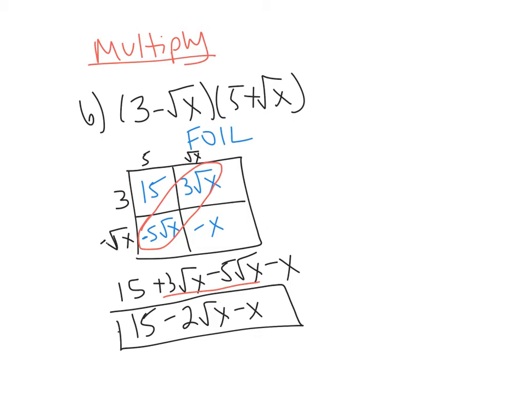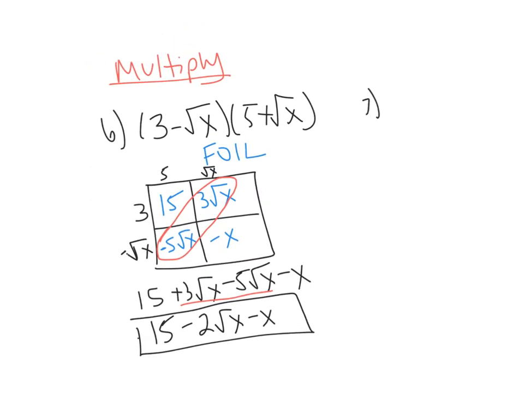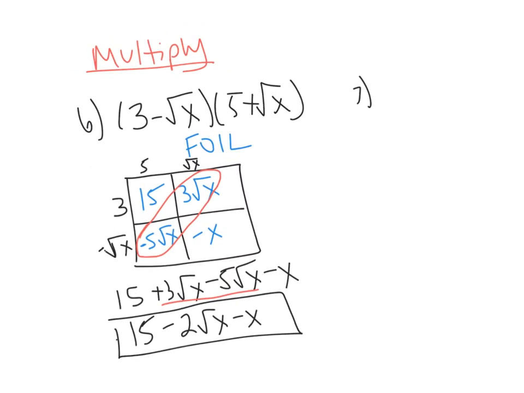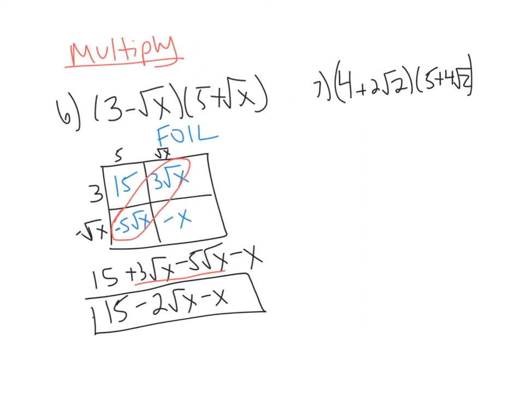Let's try one more of this nature. What if we have, let's say, 4 plus 2 square root 2, and then 5 plus 4 square root 2. So again, I have a binomial times a binomial.